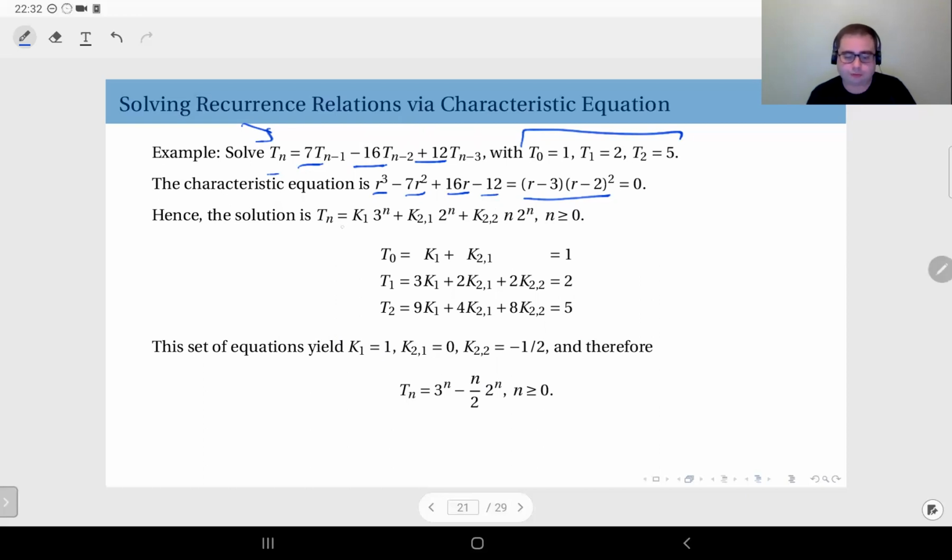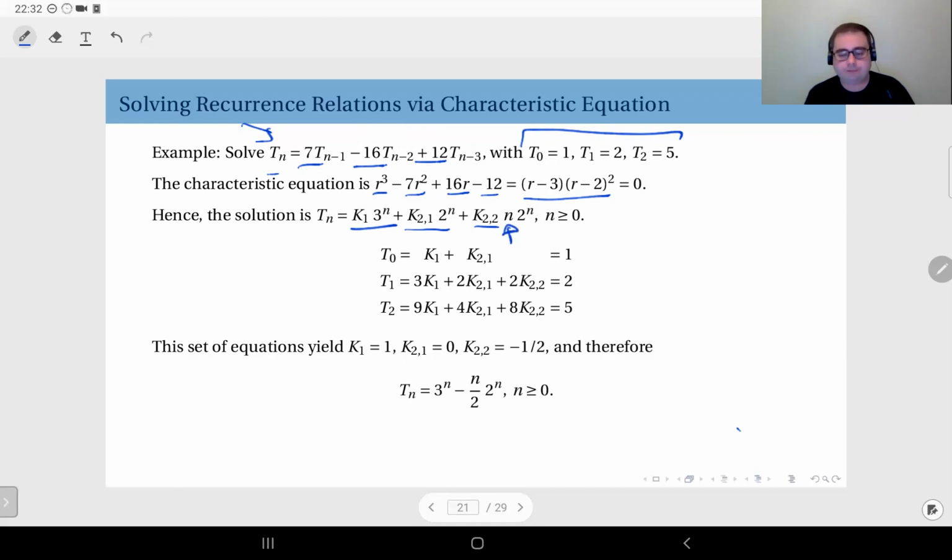So the solution is going to be of the form k1 times 3 to the power n plus k21 times 2 to the power n plus k22 times n times 2 to the n. Now, if the roots were 3, 2, and 5, I would have k1 3 to the n plus k2 2 to the n plus k3 5 to the n. But since 2 is repeated, I have this n here.